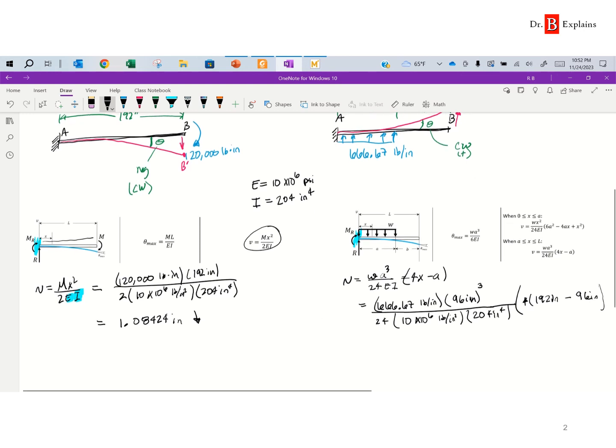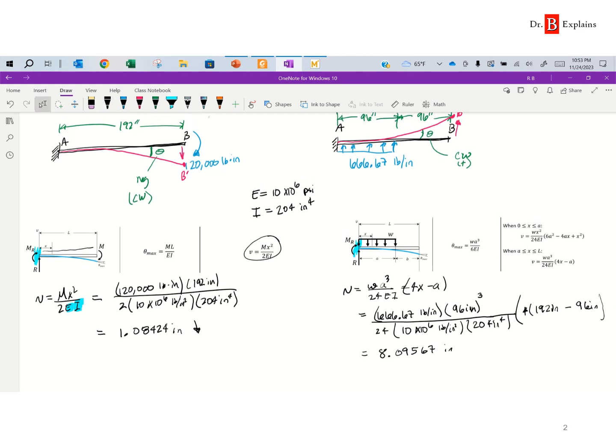All right, so we plug those numbers into the calculator. We get a deflection of 8.09567. I like to include a lot of digits after the decimal point to be more precise.